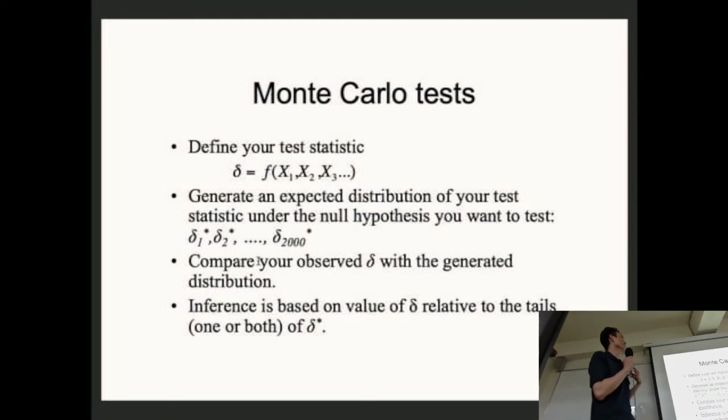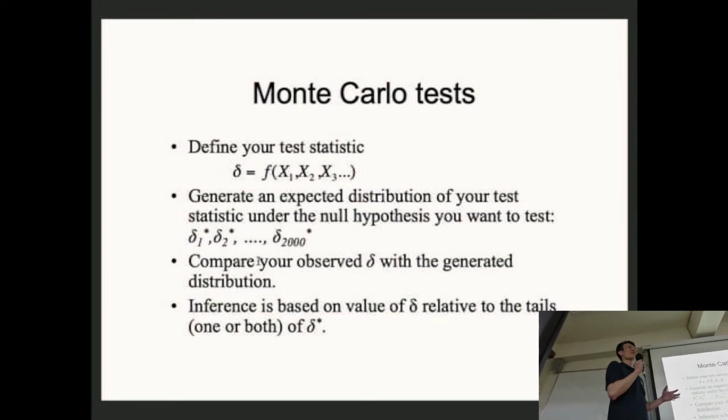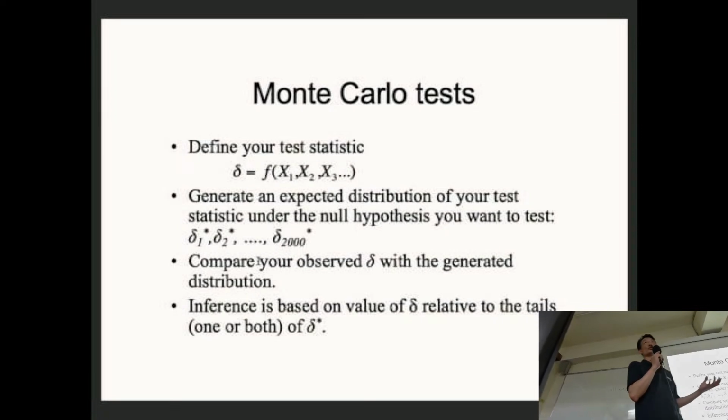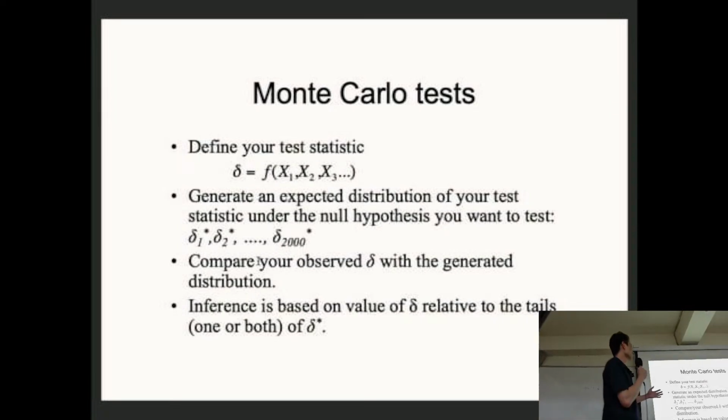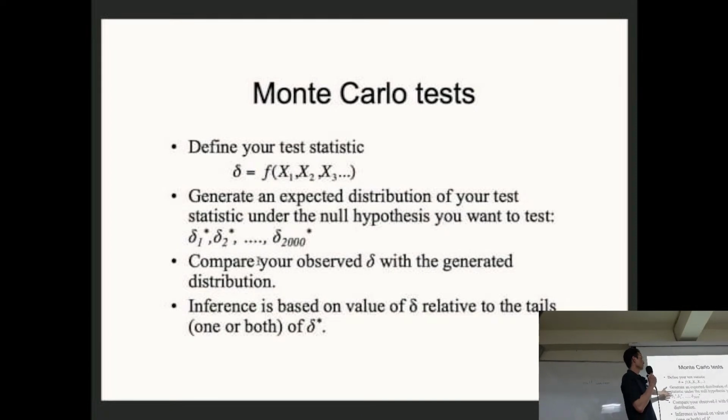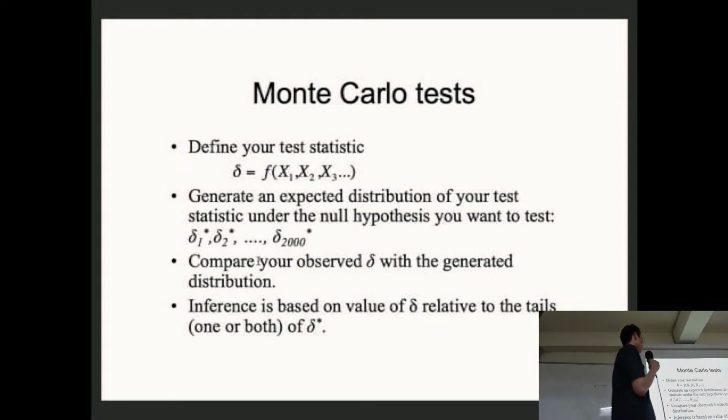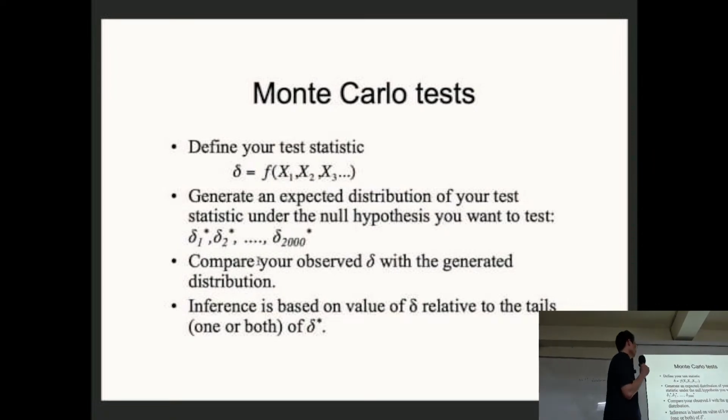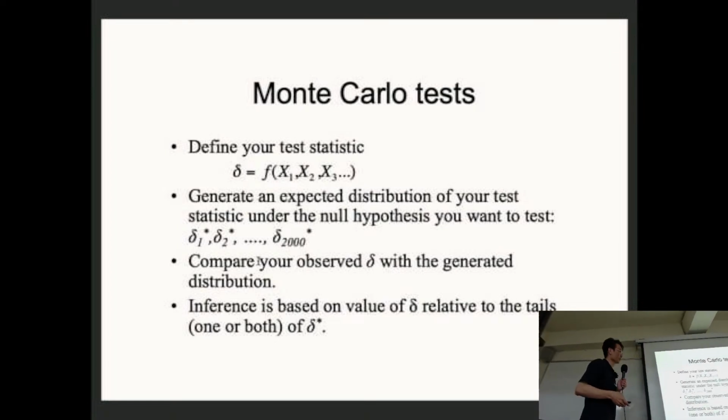If you believe your data follow some specific distribution, you can generate random numbers from your null hypothesis, from your expected distribution, and then compare your observed statistics with your generated null distribution and make a hypothesis test. It's easier to make an example.